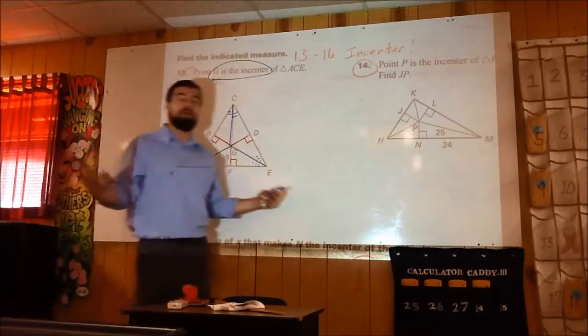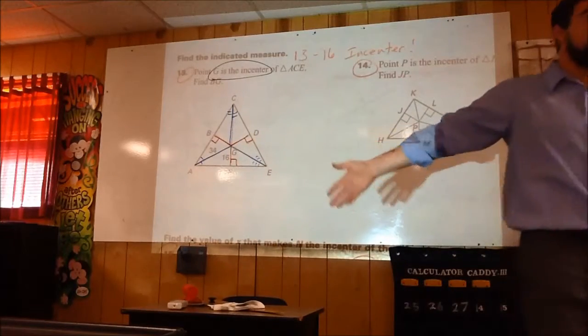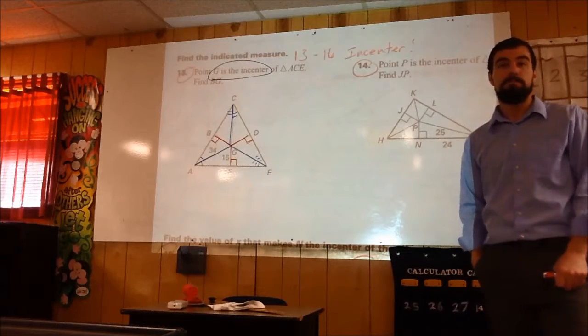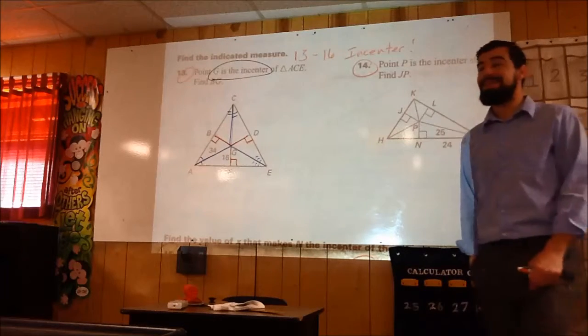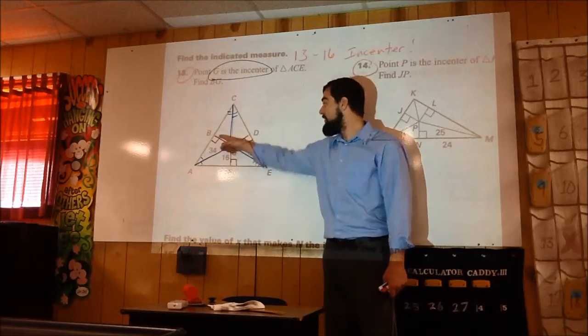So what's up with these perpendicular segments, the ones I have outlined in red ink? Why even bother putting them in the diagram? What are they representing? They're showing the distance that the incenter is to all 3 sides.